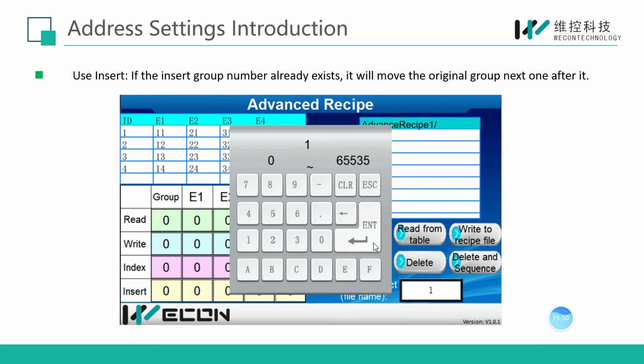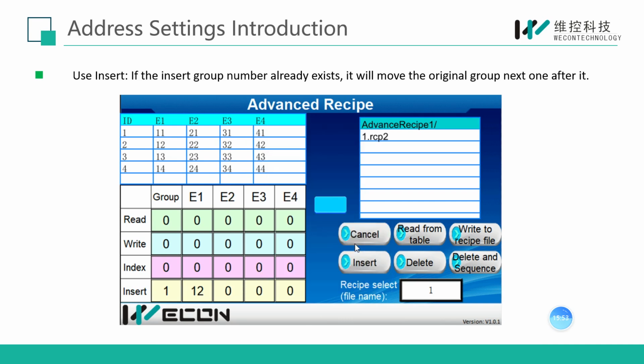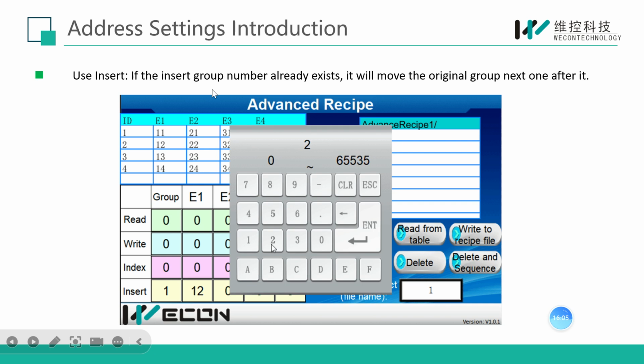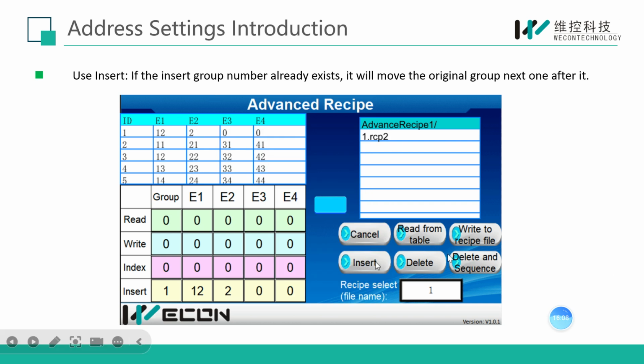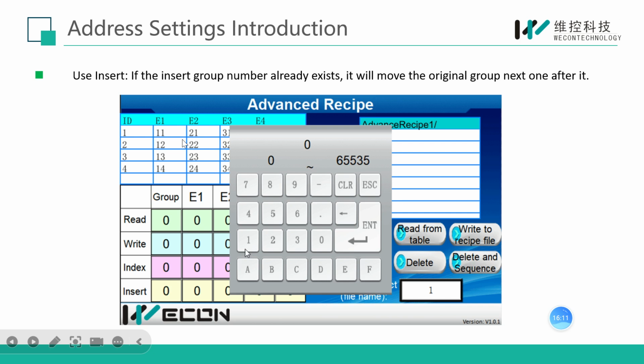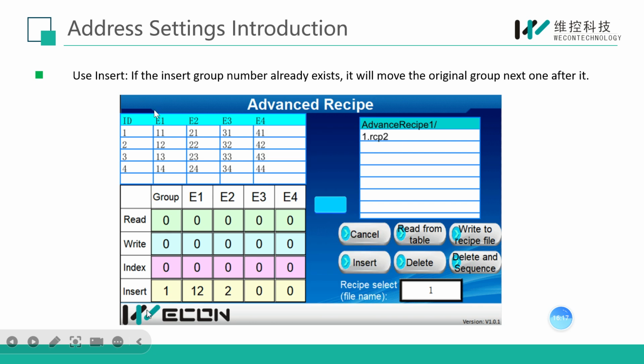And the next one is use insert. This one is for when you do not want to write into the group. If we write into the recipe table, it will modify the original group. But if we use insert, which means if this group ID already exists on the table, then it will move the original group ID to the next one.